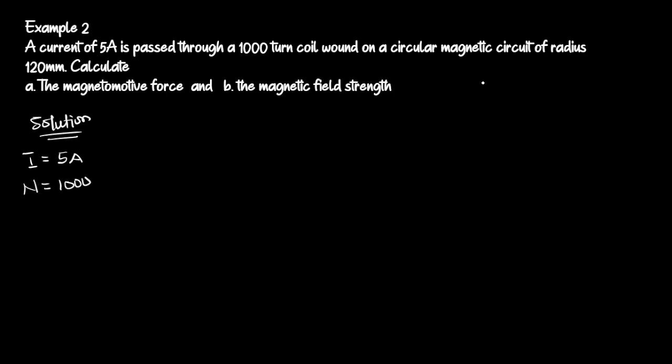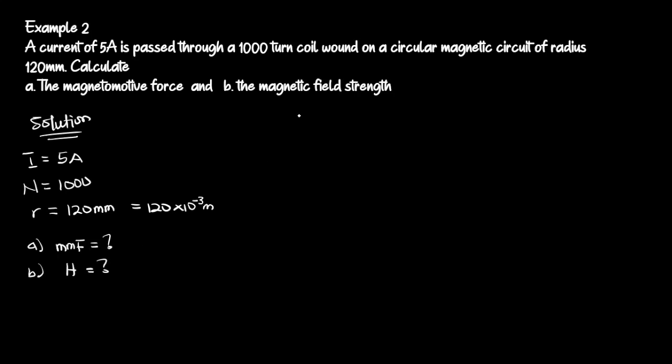The radius given is 120 millimeters, which converts to 120 times 10 raised to the power minus 3 meters. I am to calculate A, the magnetomotive force, or MMF, first, and then B, the magnetic field strength, which is H.